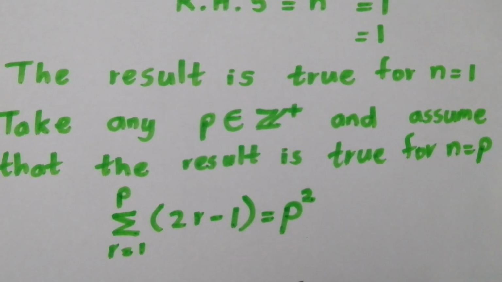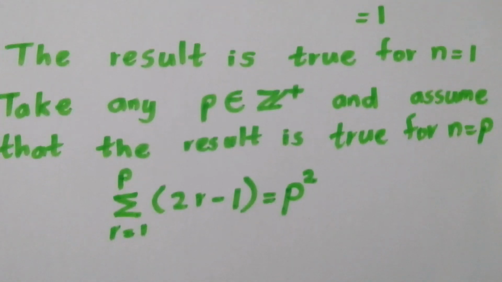Now in this type of summation question, the next step is to show whether the result is true when n equal p plus 1. Therefore we add by substituting n equal p plus 1 to the left hand side. Let's see how to do it.